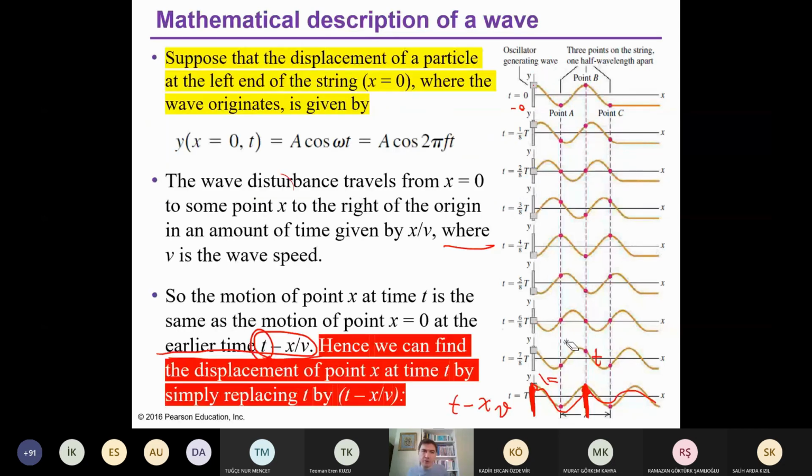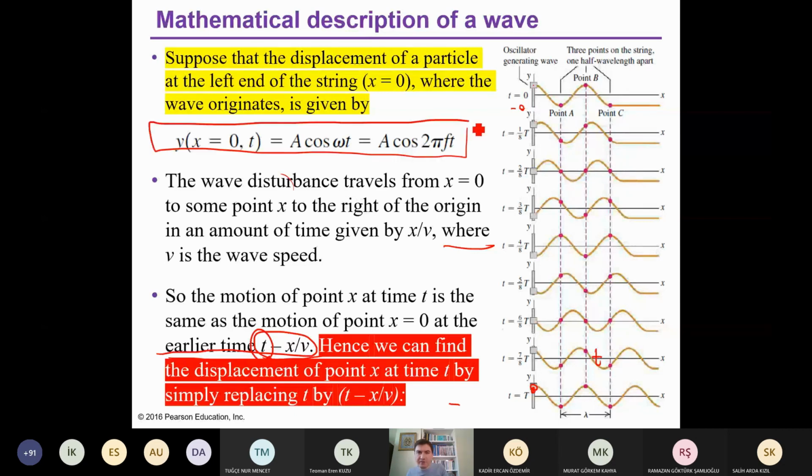With this formula, I have investigated the displacement of the particle along the y-axis, where x is equal to 0. And with this one, I am defining the y position of the particle which is staying at x. Okay, so we have this definition.